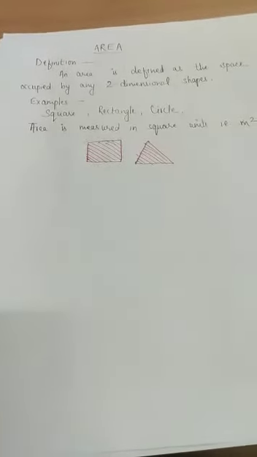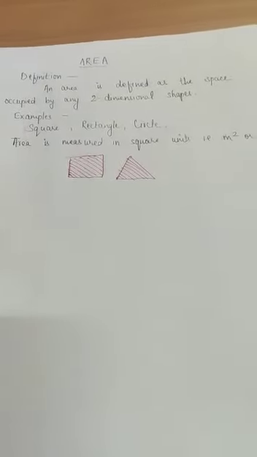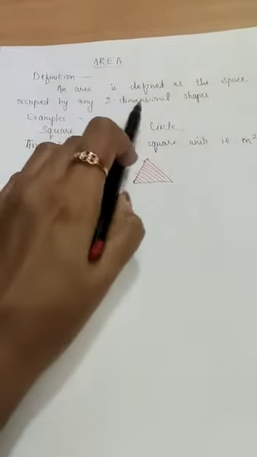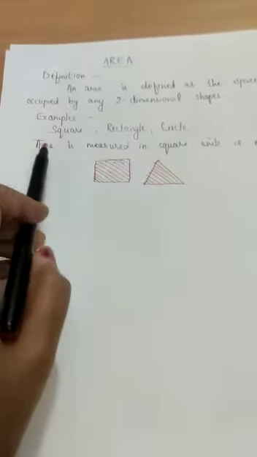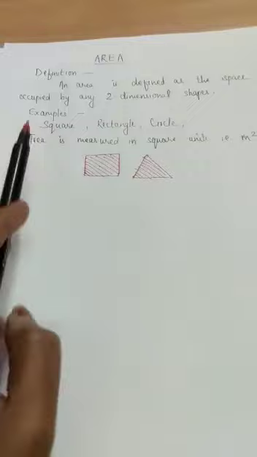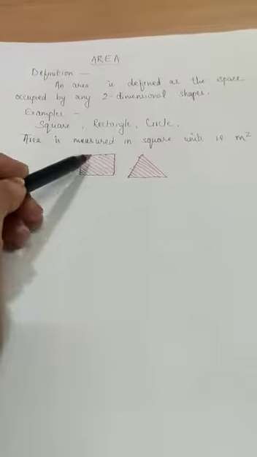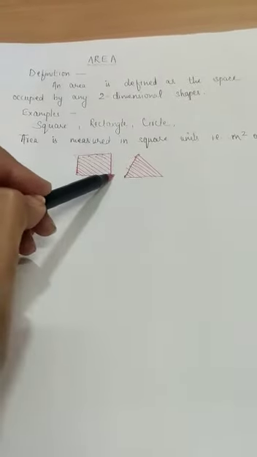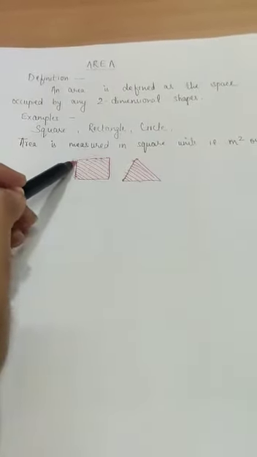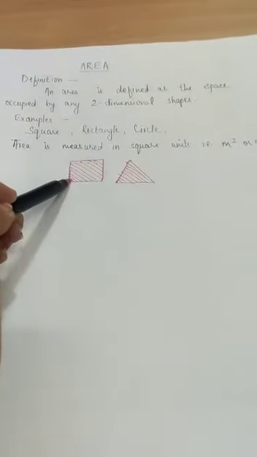Now, area definition. An area is defined as the space occupied by any two-dimensional shape. Example: square, rectangle, circle. That means for any two-dimensional shape, the region occupied by that shape is called the area.